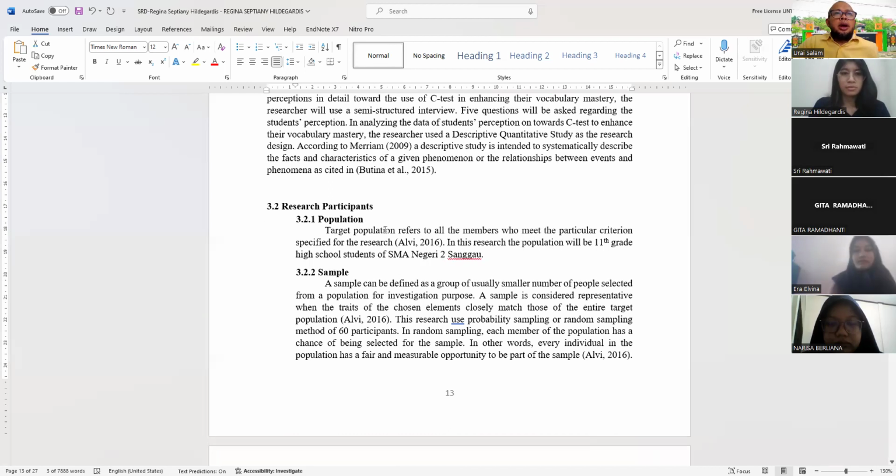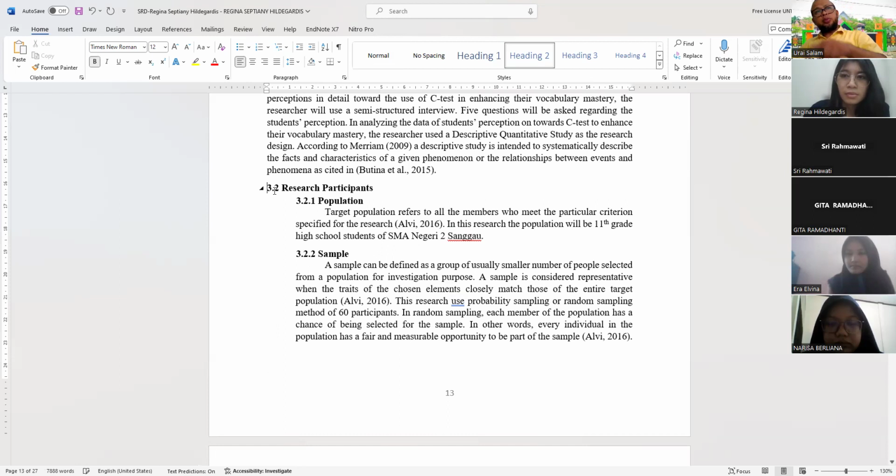And population and sample, because I think you said that your participants are only about 60 students or respondents. I don't think that you need to talk about population and sample. You just talk about the participants. Who are they?